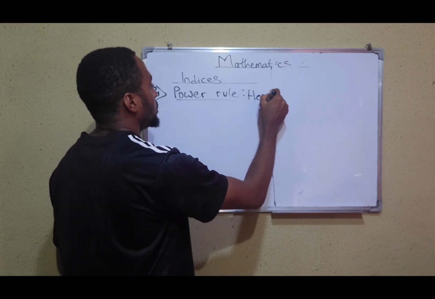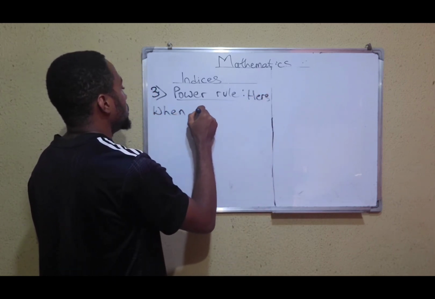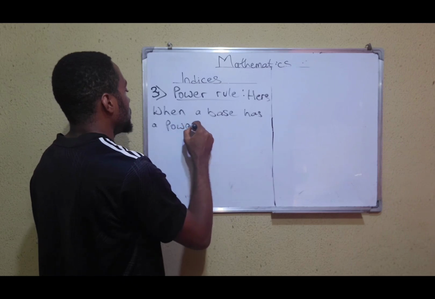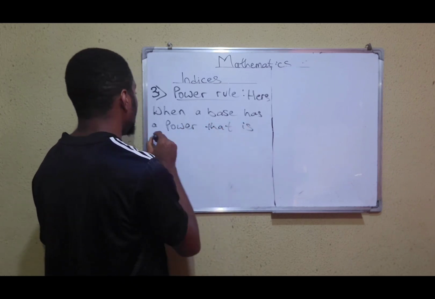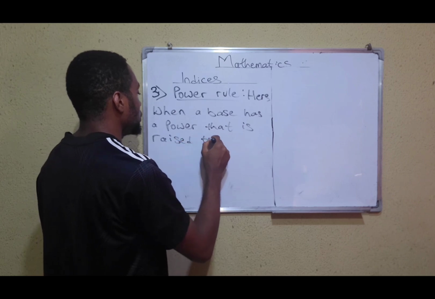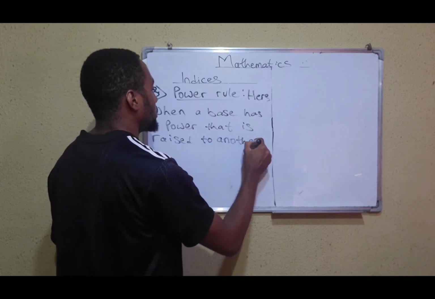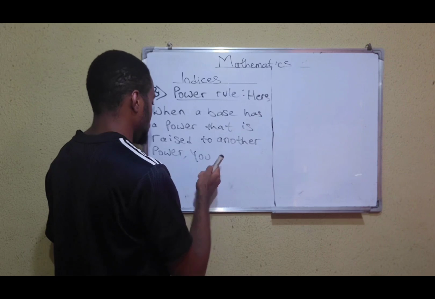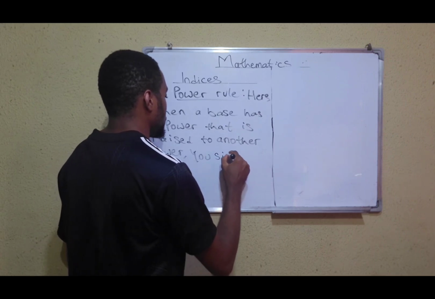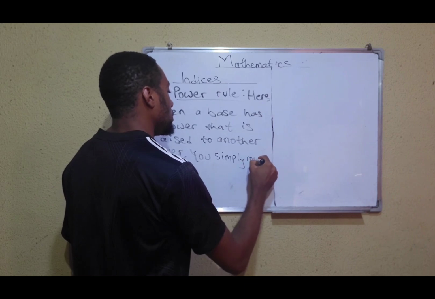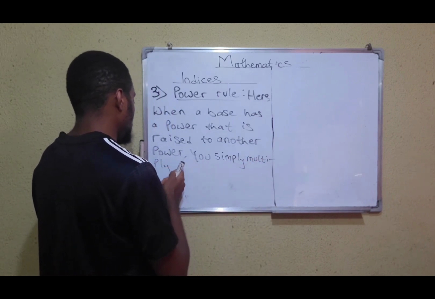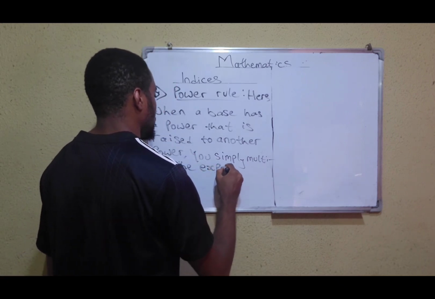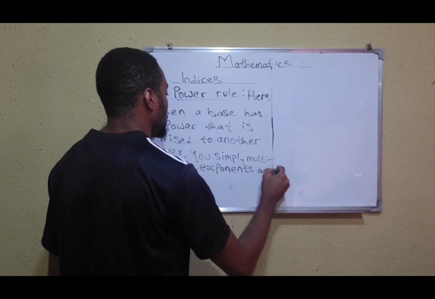So here, when a base has a power that is raised to another power, now what do you do? You simply multiply the exponents and keep the same base.